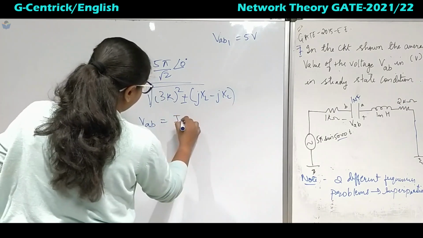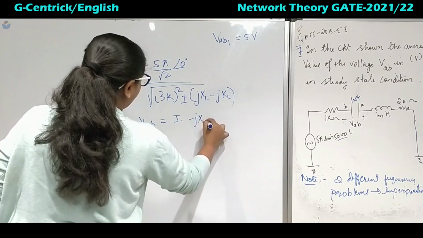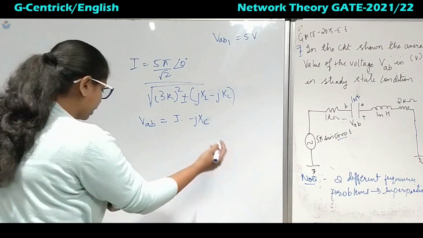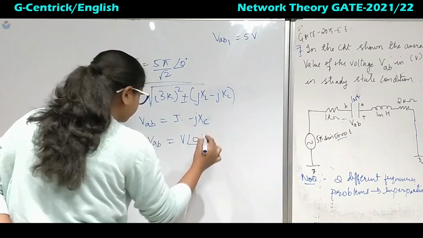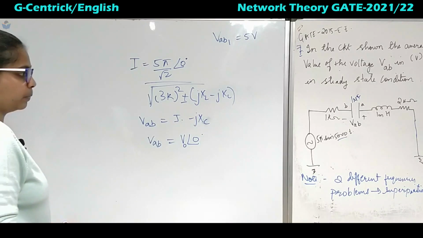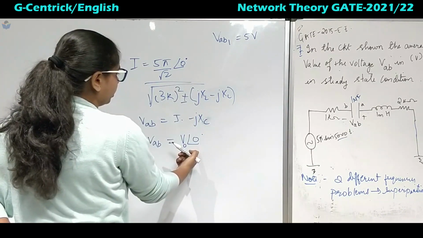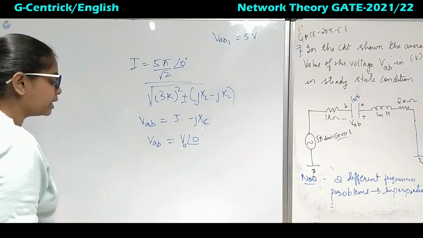It is nothing but I into minus JXC, right? Minus JXC, because it is across the capacitor. Now VAB is nothing but, I can write it as V angle 0 degree, because for this also 0, this also 0, that is we have only one sine term. So it will be same.